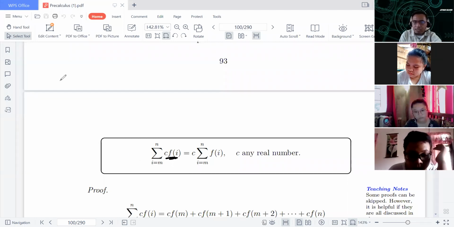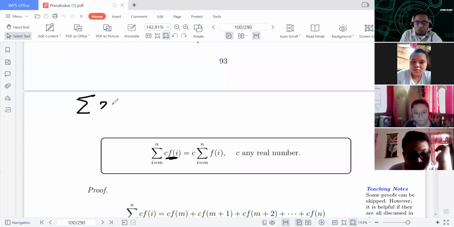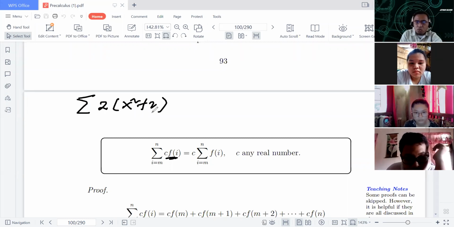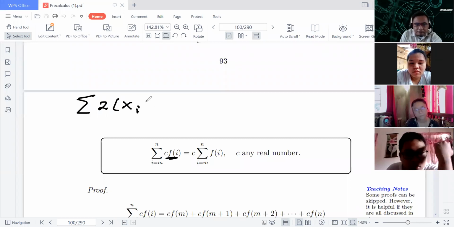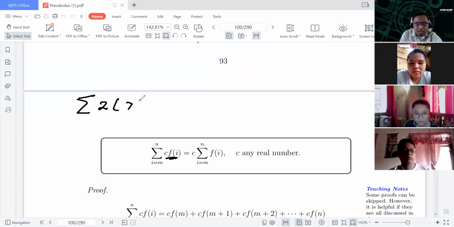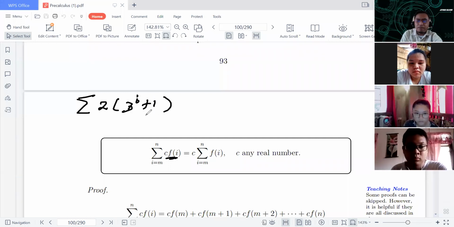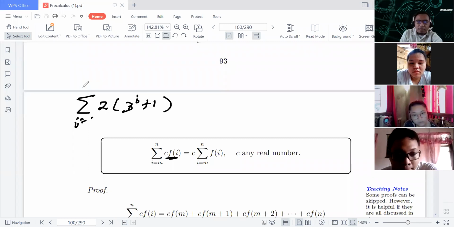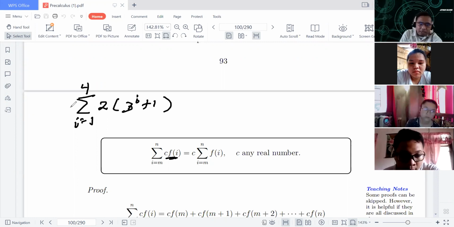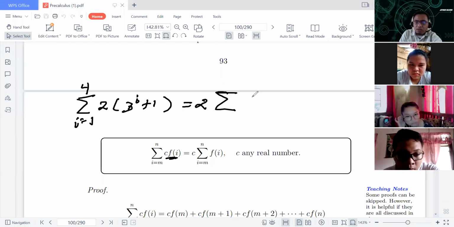Example, if you have summation of 2 times 3 to the i plus 1, where i ranges from 1 until 4. In this case, class, that constant can be set aside. That can be written as 2 times the summation of 3 to the i plus 1.